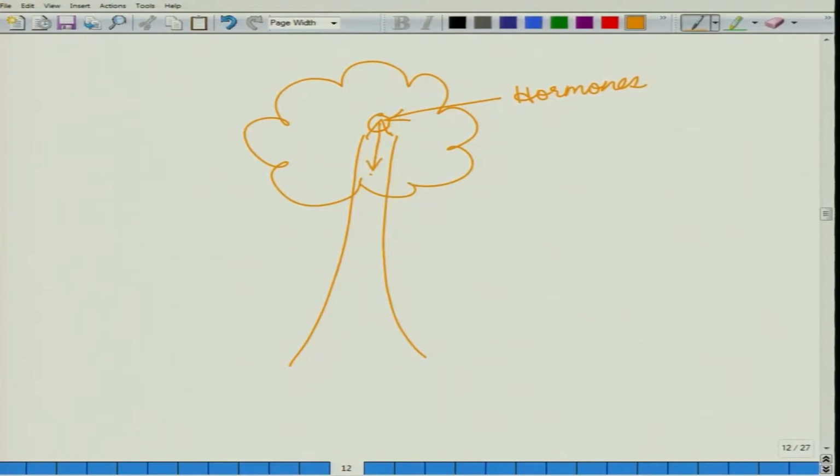Now, the effect of the hormones is to stimulate the sideways growth as well as the growth in height. Now, because these growth substances called hormones originate in the crown or at the top end of the tree and then they are distributed down and around the bole or the stem, the impact of these hormones would naturally give us the tree form.